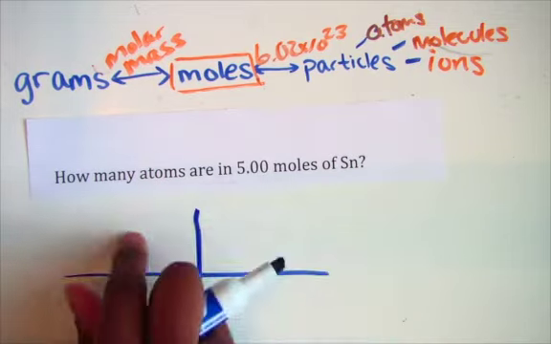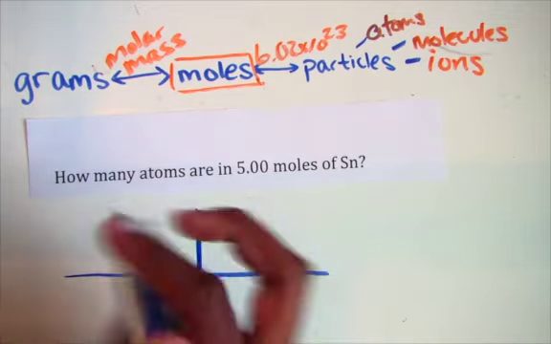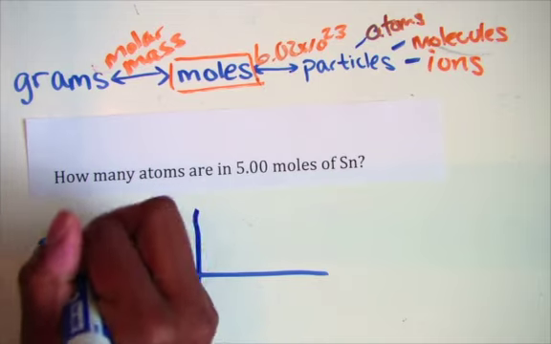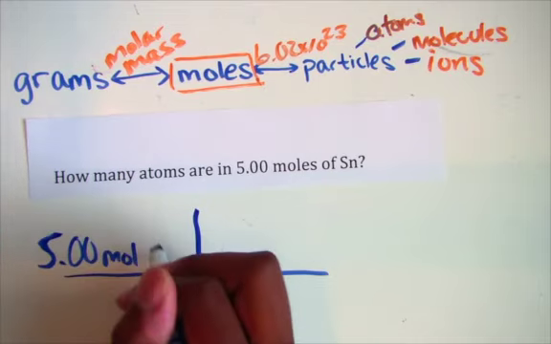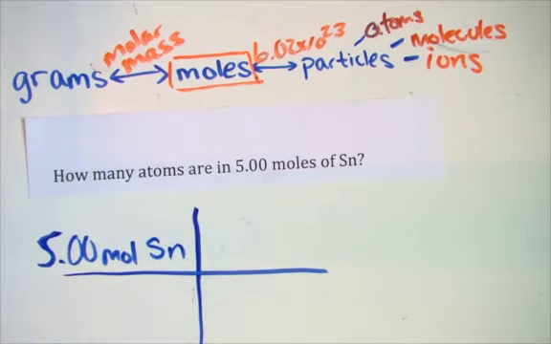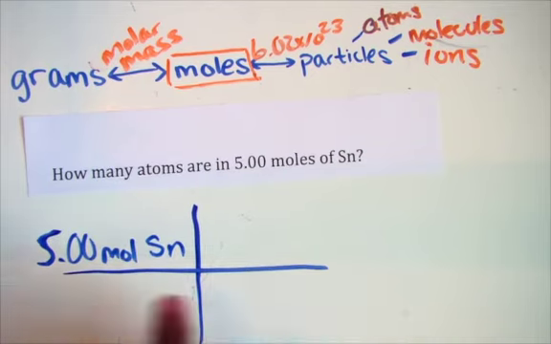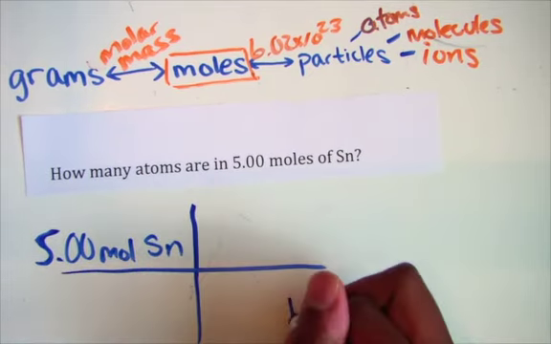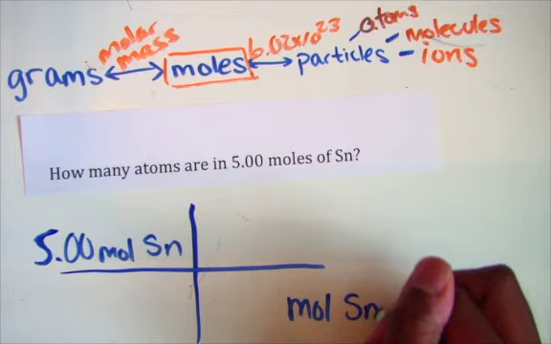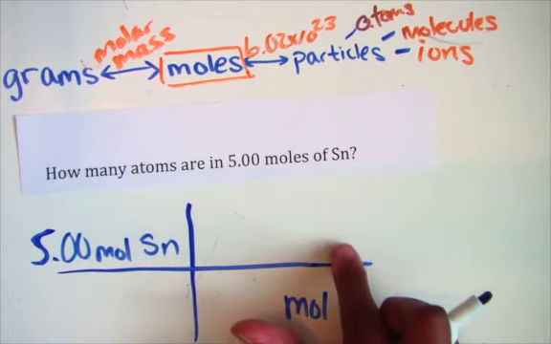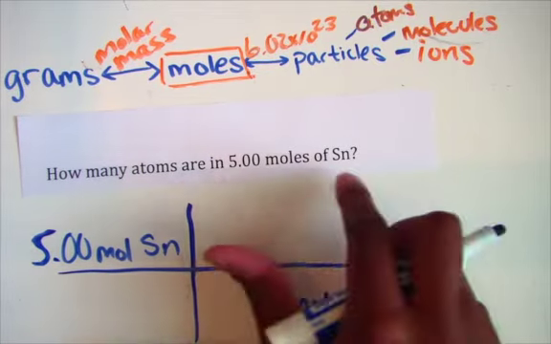So we're going to start with what we know, which is 5 moles of tin, Sn. Okay, now down here it's the same units that we started with, which is a mole. And up here, this is the units of what we're trying to find, which is atoms of Sn.